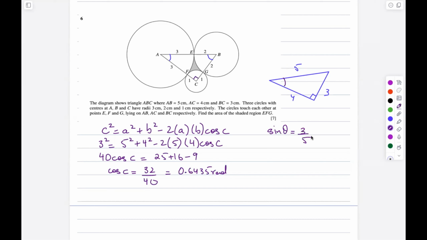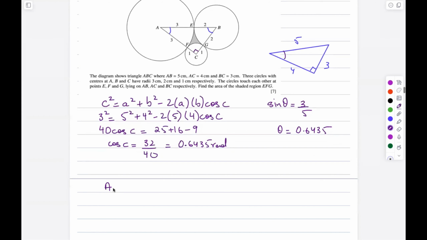Taking sine inverse of 3 divided by 5, that will still be 0.6435. Now we know that this angle will be 0.6435, this angle is pi upon 2, so this angle will be pi upon 2 minus 0.6435.